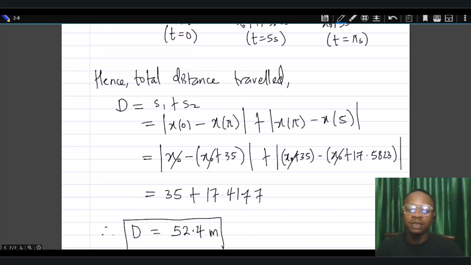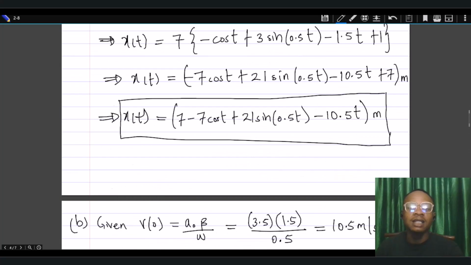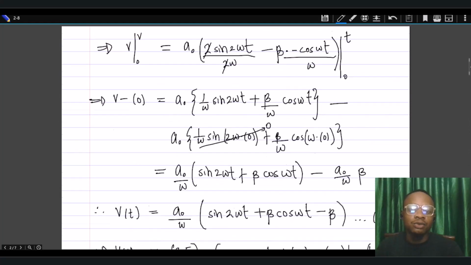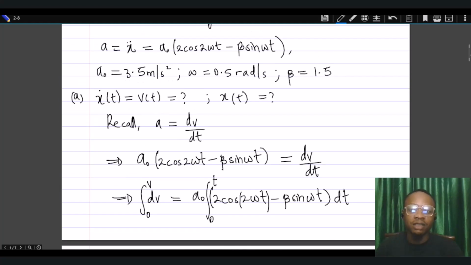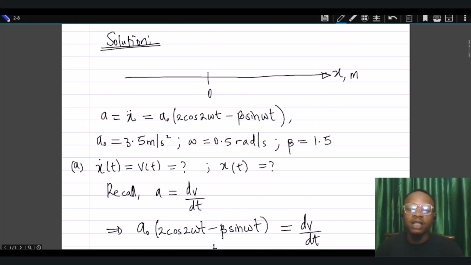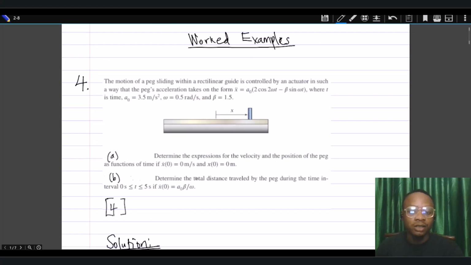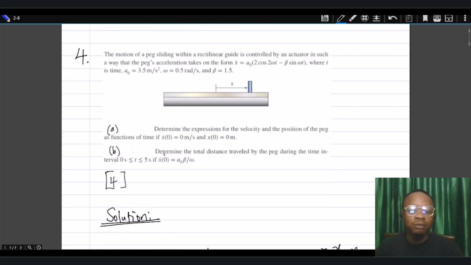What is really important to note here is that you need to give attention to every detail to know if anything has changed. For instance, you might just assume that what you have obtained here is what you will need to use here.